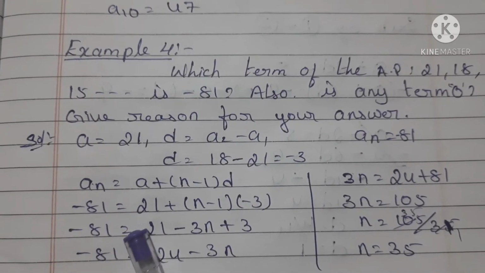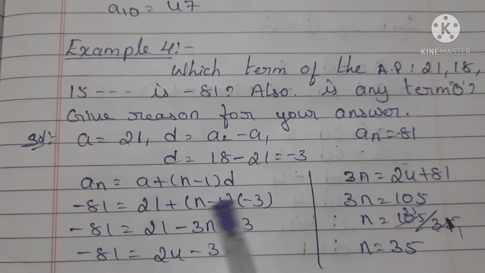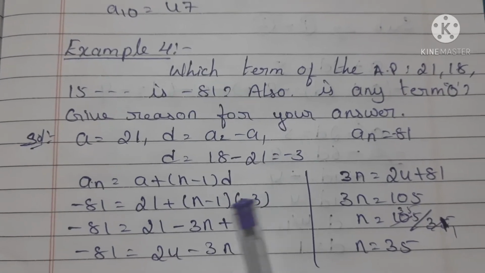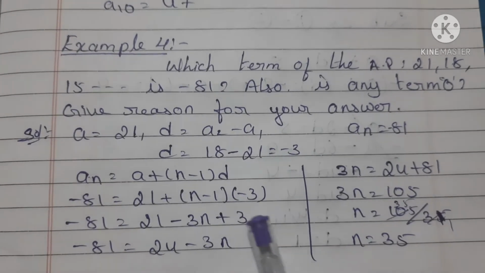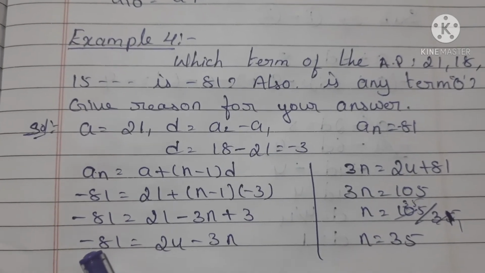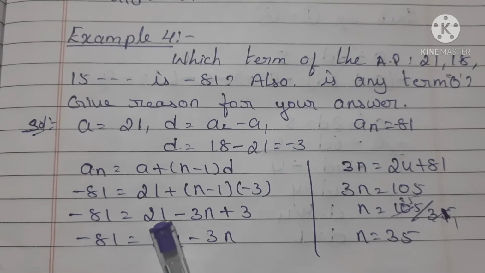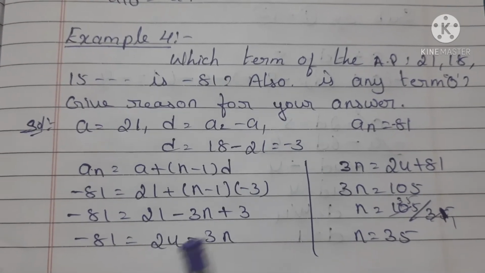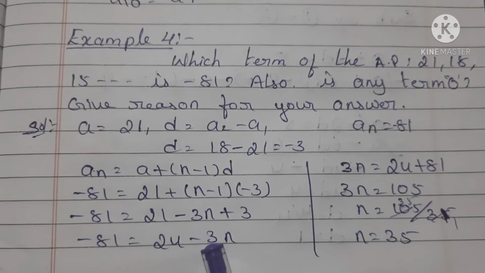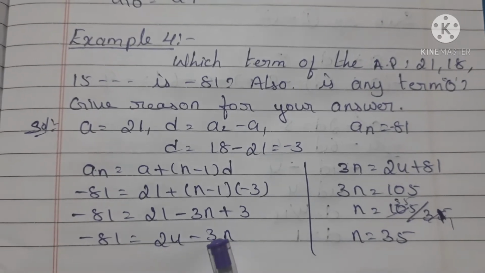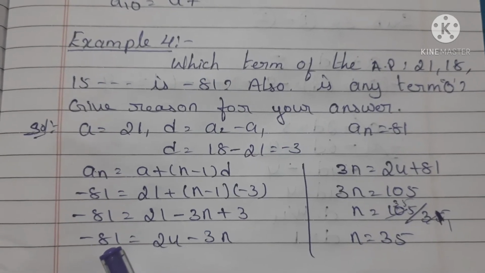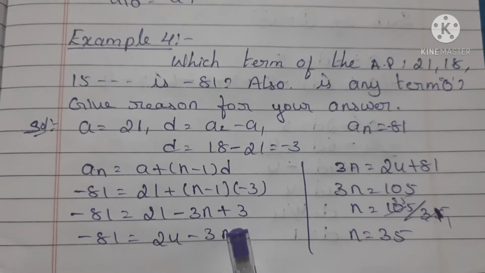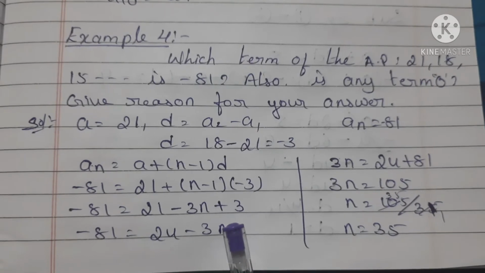Minus 81 is equal to 21 plus, into minus, minus 3 into n is minus 3n, minus into minus is plus, 3 ones are 3. Now, minus 81 is equal to 21 plus 3, which is 24, minus 3n. This minus 3n goes to this side, so it becomes plus, and this minus 81 comes to this side, so it becomes plus 81.